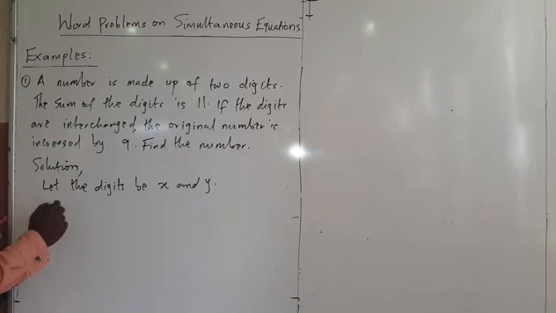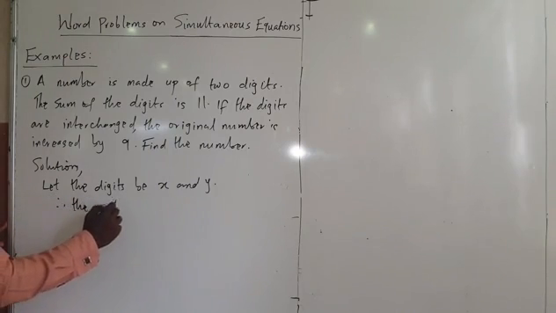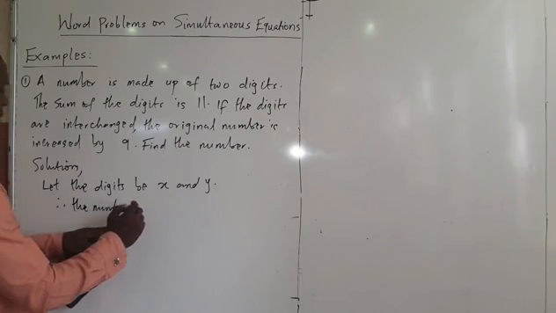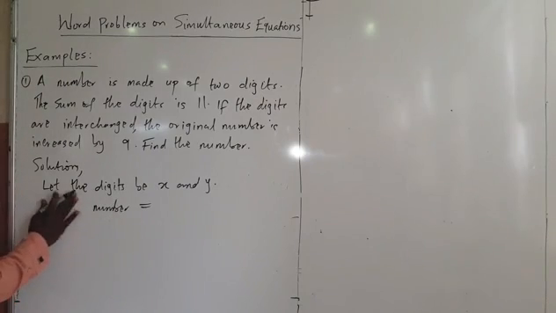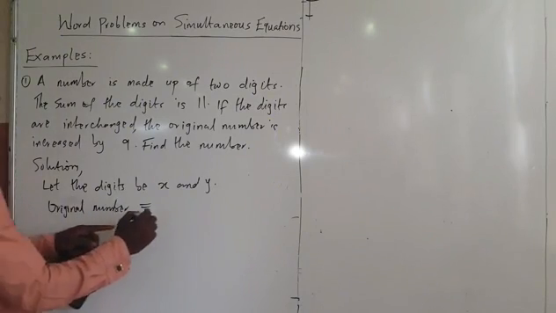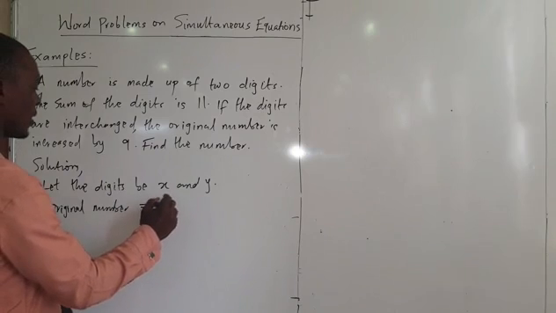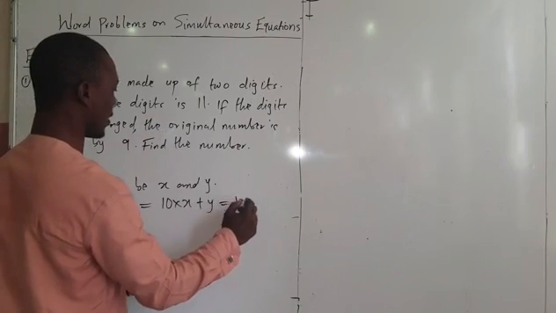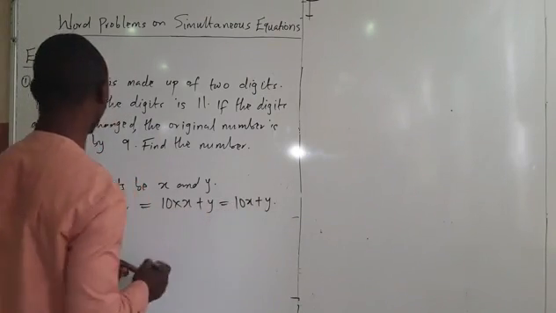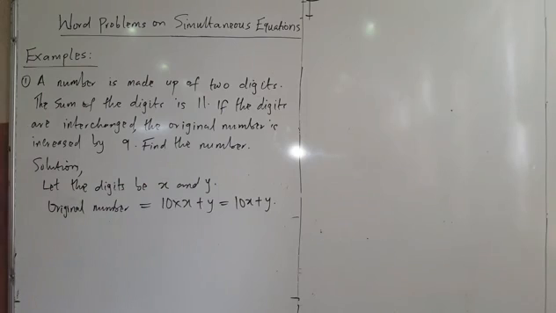The number under consideration, which is the original number, equals 10 times x plus y, which is 10x plus y. So the original number is 10x plus y.